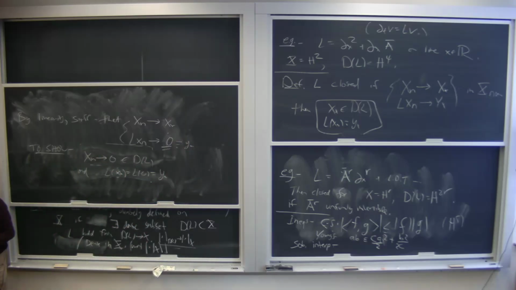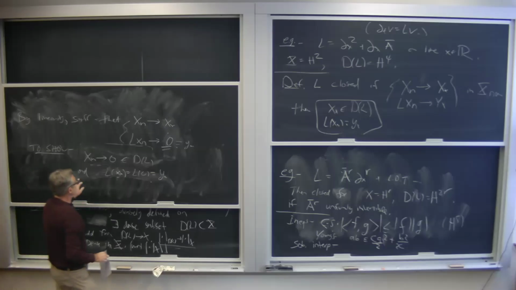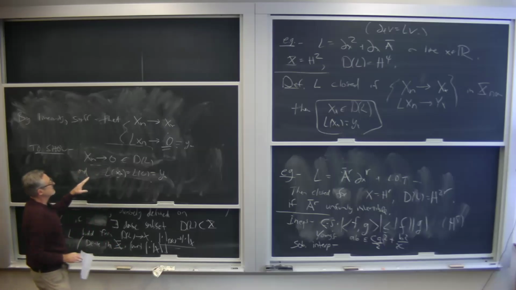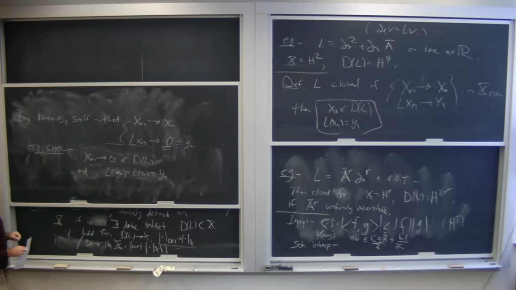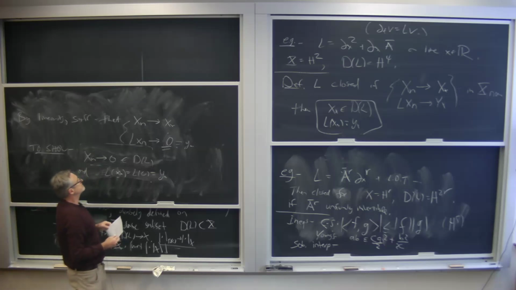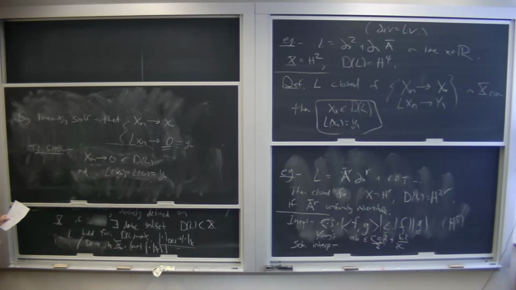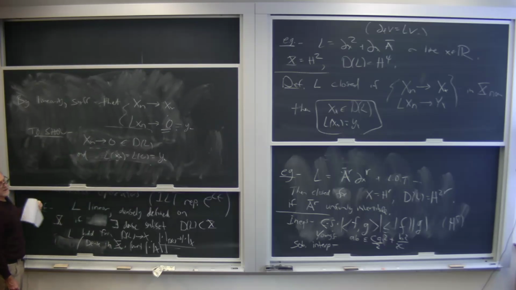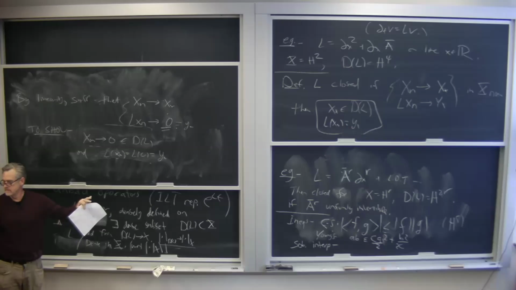Sorry, what were you asking? So why did you change the order? I changed the order because this is the way I need to prove it. This is the tricky point. I guess I could change either one, but this way I can do it.